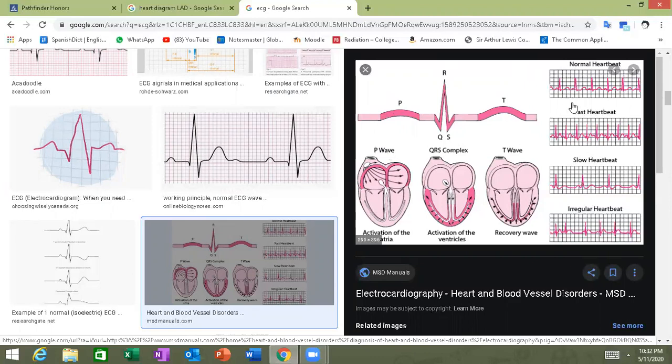Normal heartbeat, fast heartbeat, slow heartbeat, irregular heartbeat. You can see how it's spaced there. There's a big space between the spikes, small space between the spikes, and kind of average compared to these two, so I can see why it's normal. And irregular is just spikes close together here, far apart here. Okay, so that seems irregular. That makes sense.